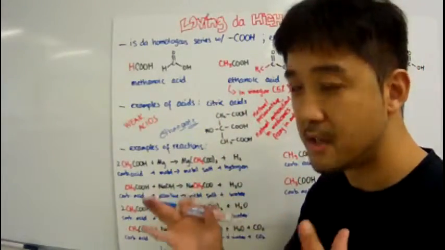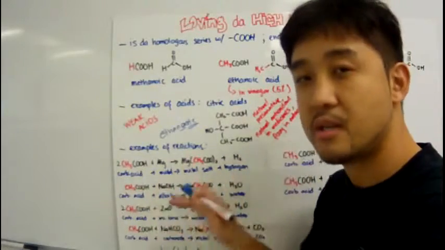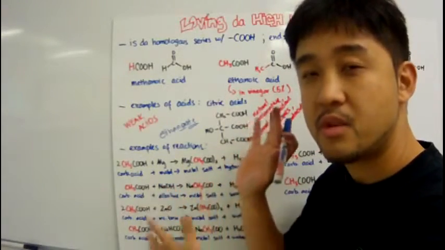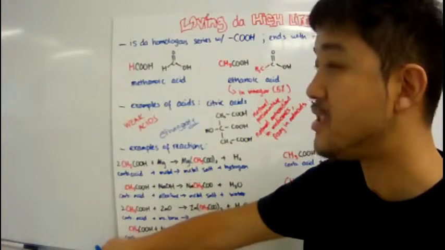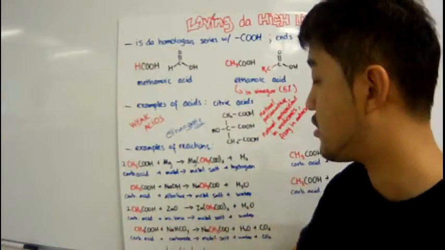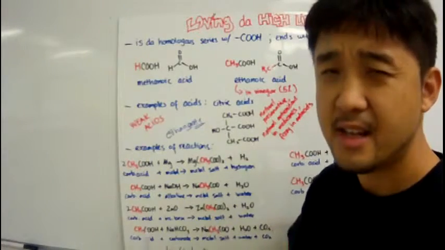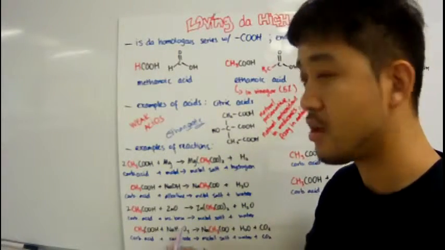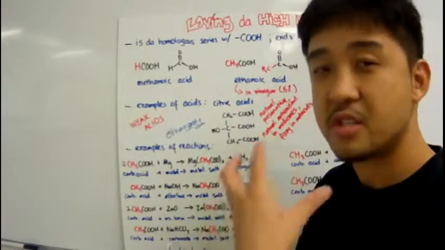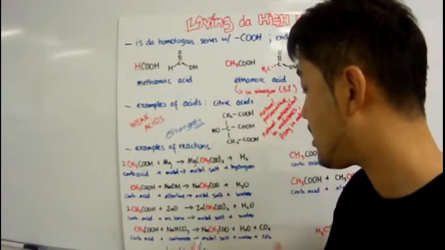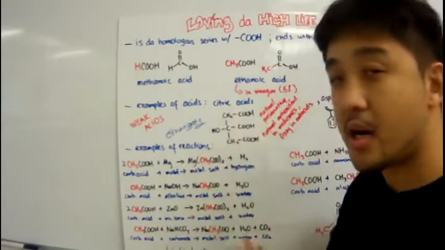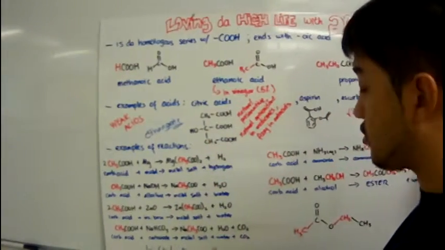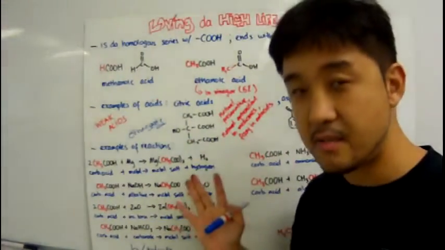We know these examples already, and now we're just putting it into the perspective of using carboxylic acids as the acid reactant. So this example I have here is ethanoic acid with sodium bicarbonate, which is baking soda. Mix them together and you get sodium carbonate, water, and CO2. That's it, easy peasy.